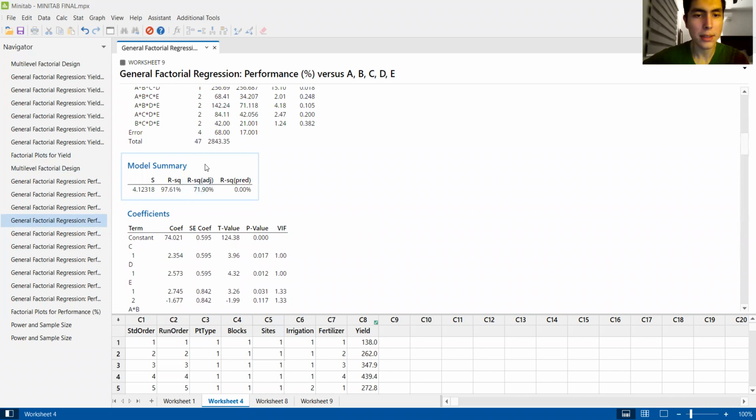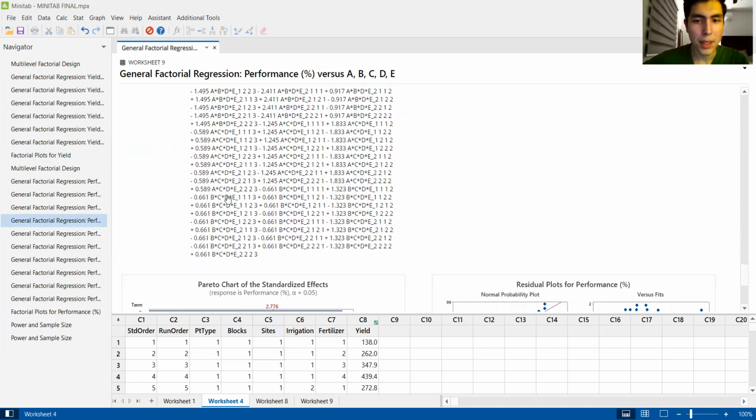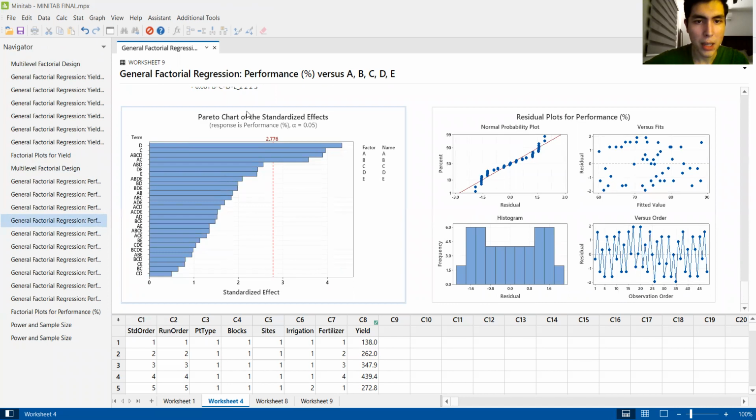So after taking factor B out of the analysis, we can see that the model is improving because we have an R square adjusted of 71.90% and an R square of 97.61%. In the Pareto chart, we can see that it's now showing some of the factors and interactions that are significant.